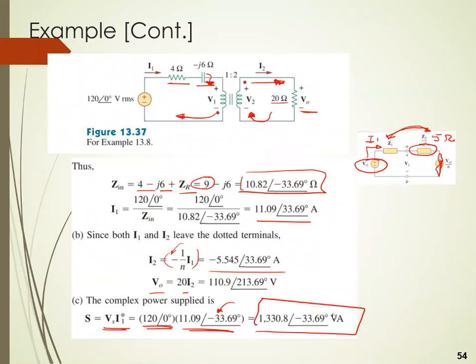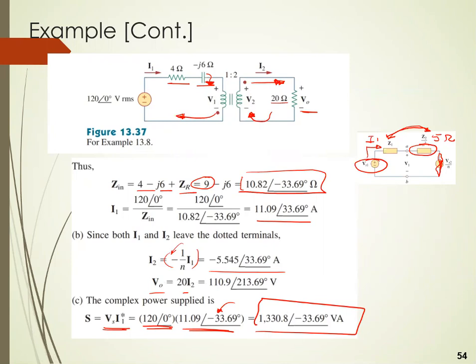So see, we did everything here by really eliminating the transformer, if you will. The transformer is there, but it's like using a Thevenin impedance and Thevenin resistance, or the Thevenin model. The circuit's still the same, whether we Thevenize it or not.